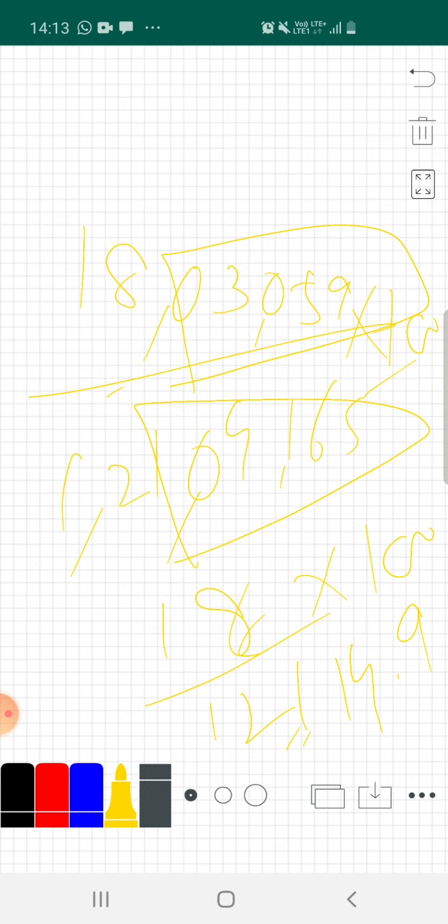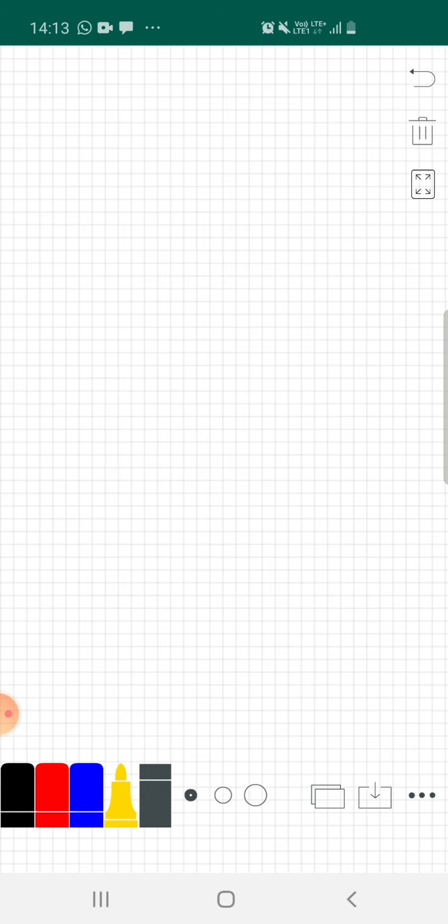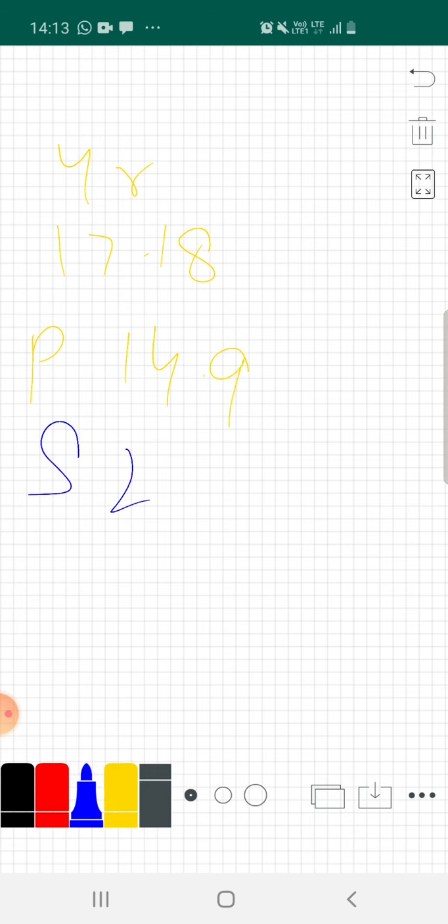Same we will find for the secondary, then for tertiary. So for the year 2017-18, the values are, for primary 14.9, for secondary 23.2, for tertiary 61.9.